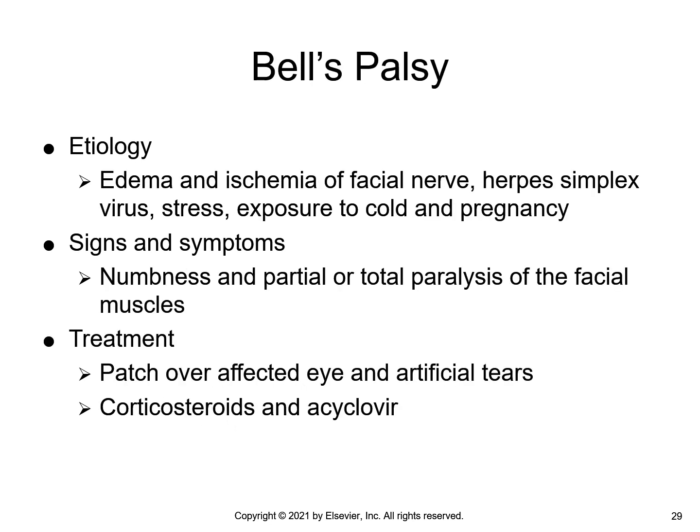Bell palsy is a weakness or a paralysis of the muscles supplied by the facial nerve. It usually affects only one side of the face and usually occurs in individuals older than 30 years. Recovery is individualized.